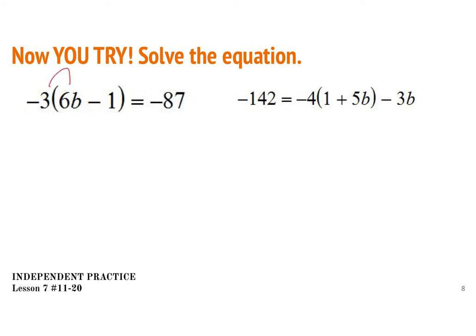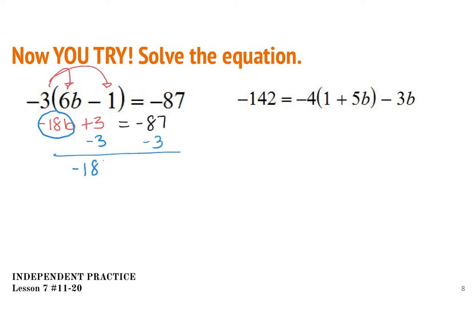So step 1 would be to simplify by using distribution. So I'm left with negative 18b plus 3, and then equals negative 87. Then I want to isolate variable group by getting rid of that 3. So I will do minus 3.